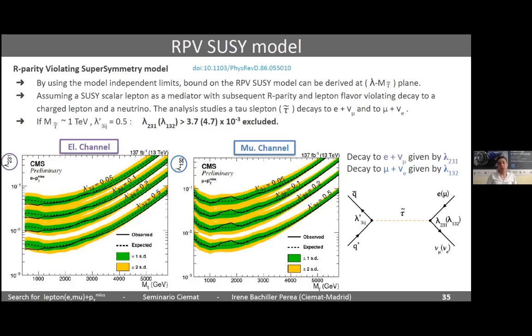Yeah, it's a good question. I don't know, Maria, the most recent results and how they compare with ours. But the SUSY group for sure have more constraints in these models. But I don't know the values and how they compare. Sure.